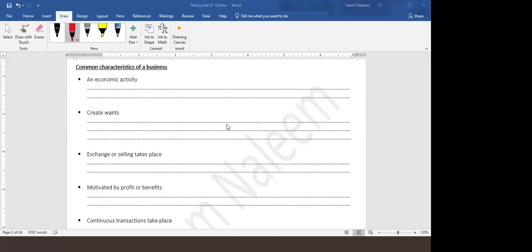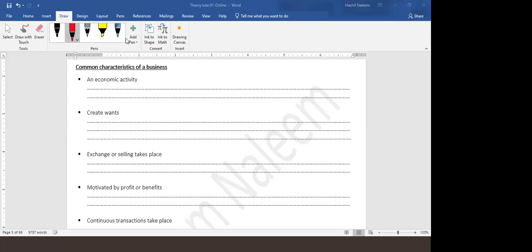To be an economic activity, what are the four things that should be present? What's the first thing? Very good. We had to have production. Then we had to have distribution. Then there should be selling.